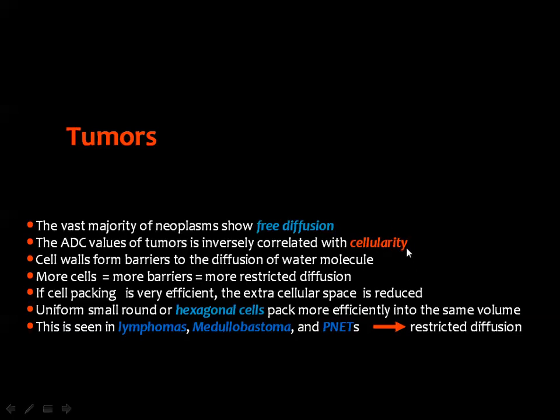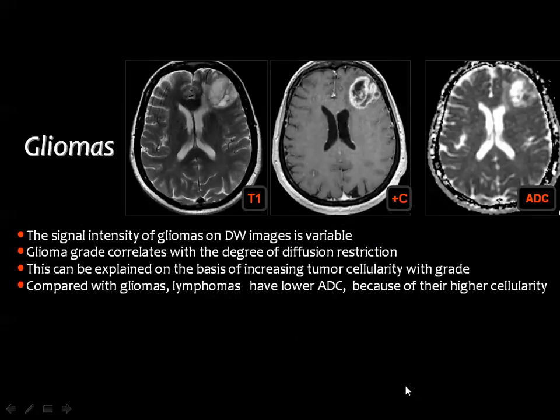The tumors with a cellular matrix will have little extracellular space, and the movement of water will be restricted. The tumors which are known for prominent cellularity are the lymphoma, medulloblastoma, and the primitive neuroectodermal tumors.